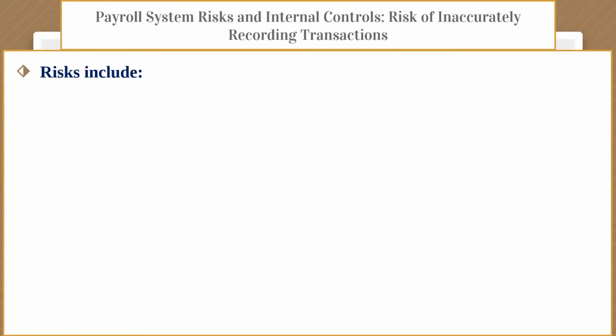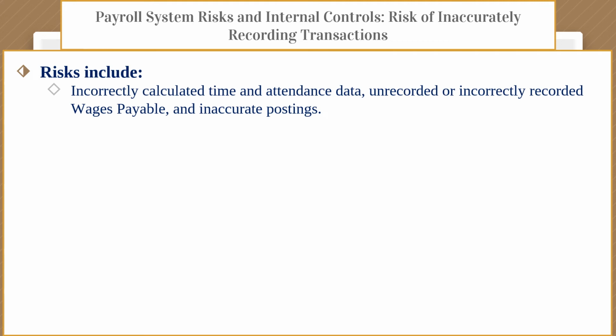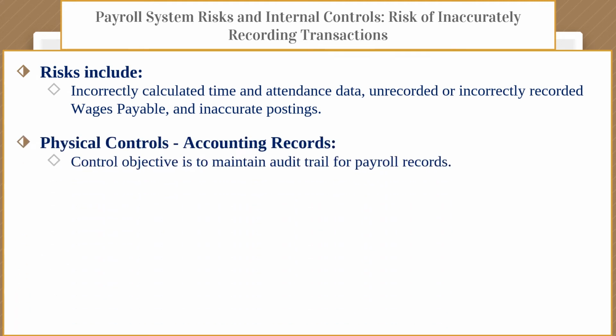Okay, so here we also have some more detail on payroll system risks and internal controls. Here we have the risk of inaccurately recording transactions. We already mentioned this, but this is in more detail, so I will not explain it again.